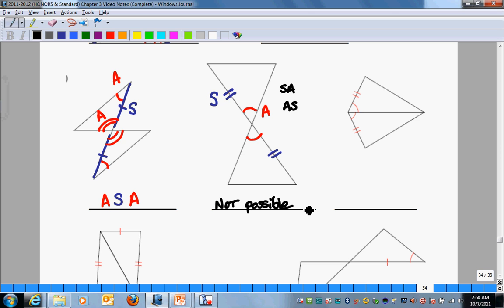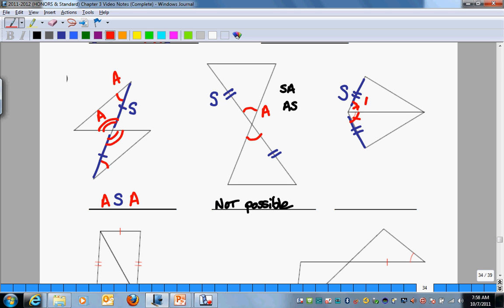Taking a look at the right, let's see what we have here. Trace over those hatch marks and the sides. We have a pair of sides. Mark them. Sweep the given angles as congruent.